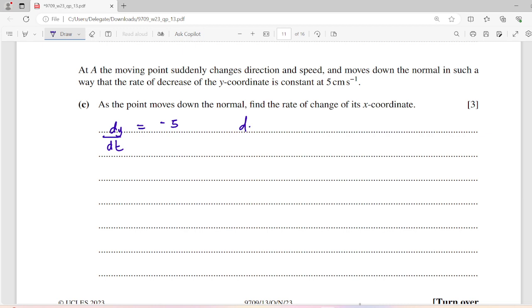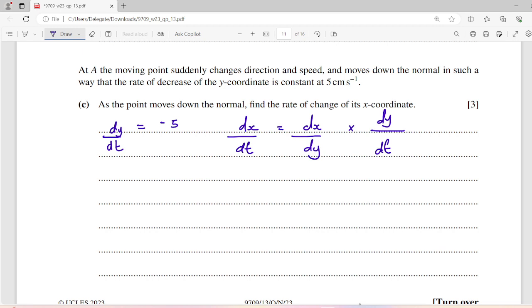So dx/dt. If you're able to formulate the chain, it means we have the x here, then we have dt here, meaning another variable is dy, because you can see that it closes out. But what is my dx/dy? Look at your normal. The gradient of the normal we had gotten as -2.